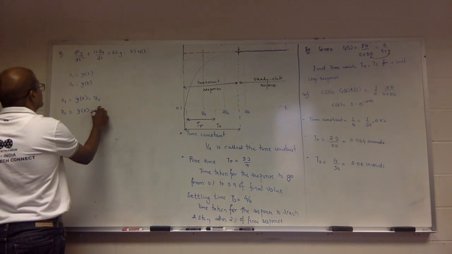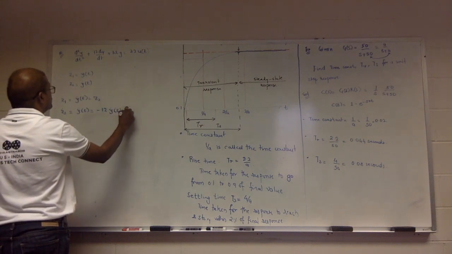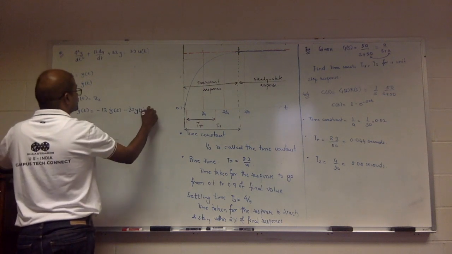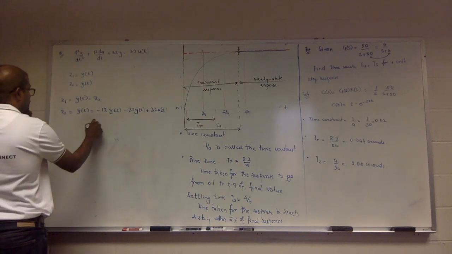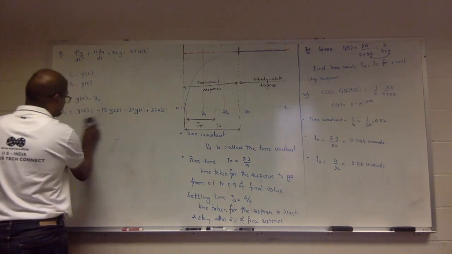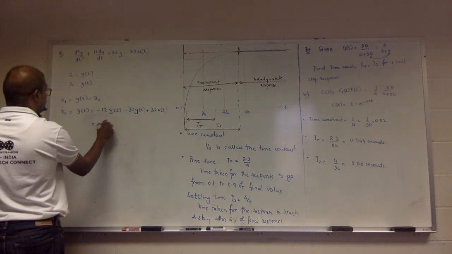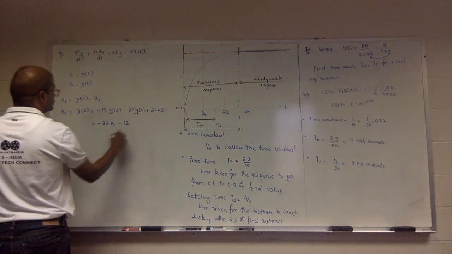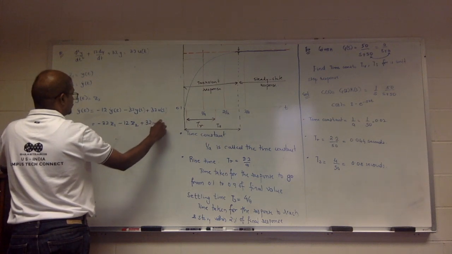Second order. Minus 12 y dot of t minus 32 y of t plus 32 u of t. I'm just going to rewrite this. This is simply equal to minus 32 z1 minus 12 z2 plus 32 u of t.